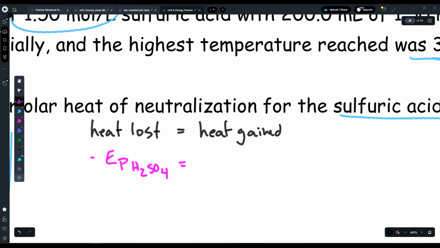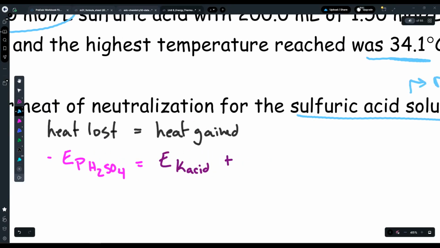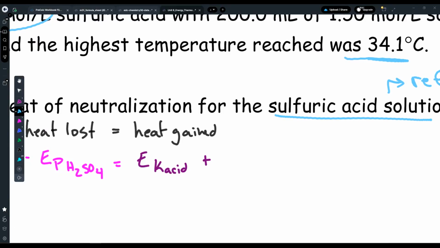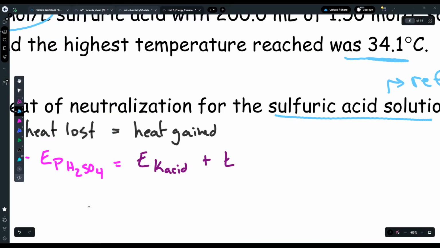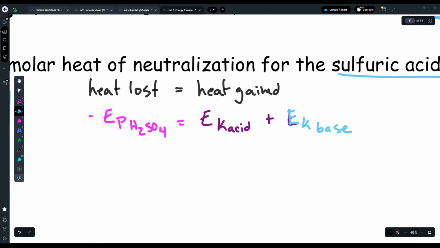So I'm just going to go purple for acid, and then blue for base. So now I'm just going to expand all of these terms.